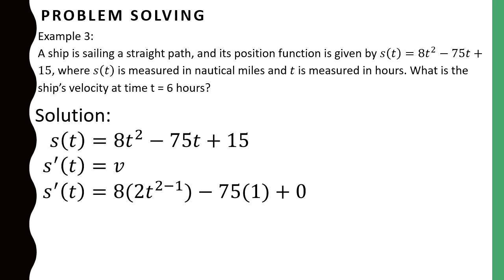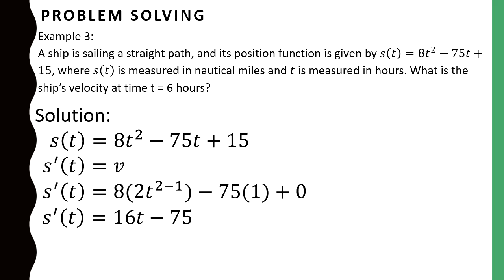Again, we use our differentiation rules. For 8t squared, we use our constant multiple rule, for 75t the constant multiple rule, and the constant rule for 15 because 15 is a constant. To simplify, we get 16t minus 75. This is now our velocity function.